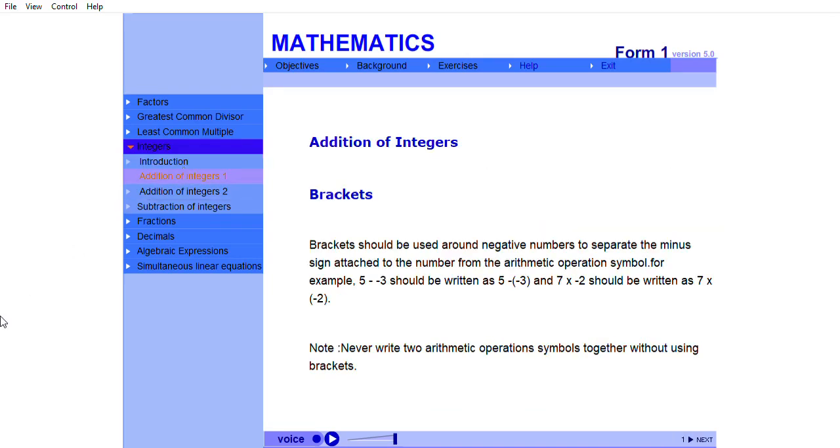Addition of integers. Brackets. Brackets should be used around negative numbers to separate the minus sign attached to the number from the arithmetic operation symbol.